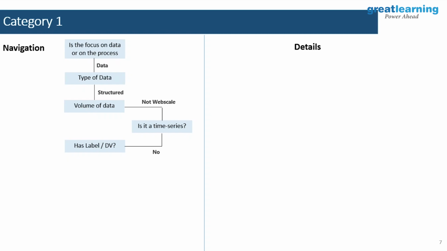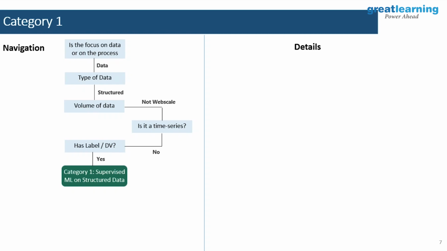Then the next question you ask yourself is, does it have a label or a dependent variable? The moment you say yes, it has a dependent variable, then you're coming to the first category, which is probably the simplest, and in fact, there are a lot of applications of this category. I say simplest not in the sense of belittling it. There are still a lot of applications, but this is one area which is fairly well understood, which is supervised machine learning on structured data.